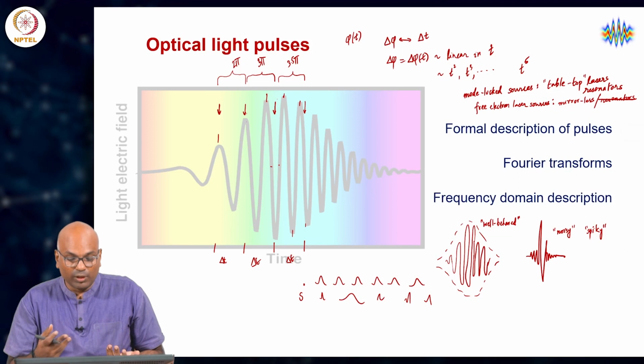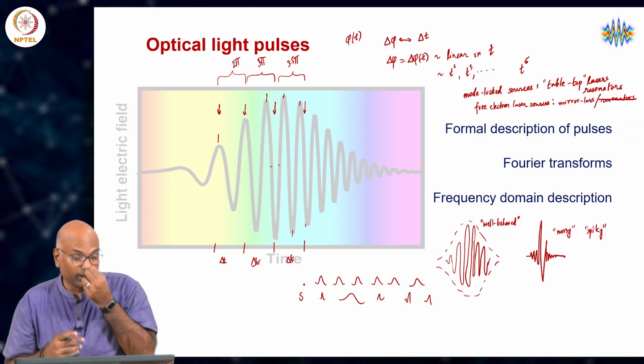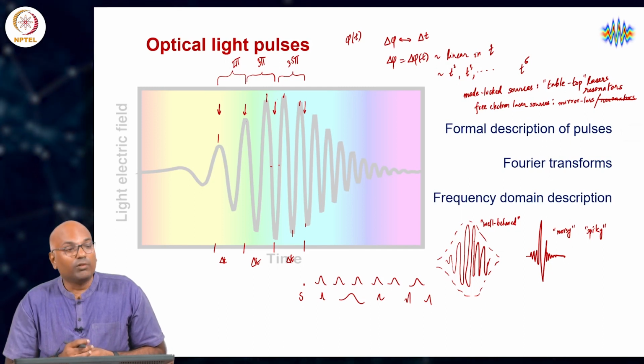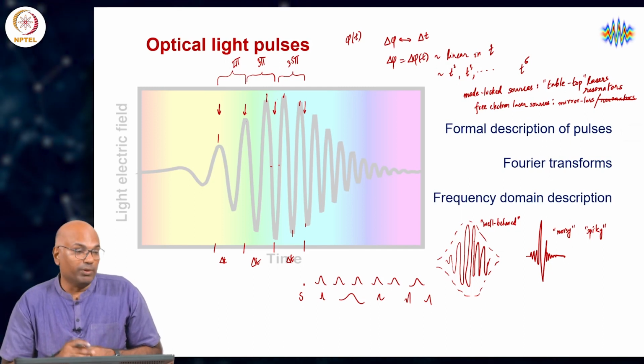So, they can also emit pulse trains, you can make them do that by switching them on and off periodically in some sense, but the quality of pulses in this sense would be very different.